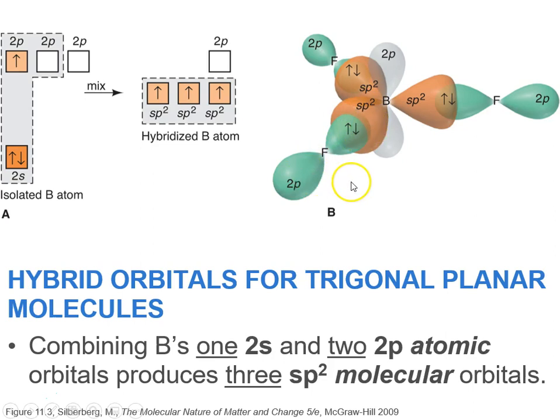So we didn't hybridize the fluorine. And also remember, there are other p orbitals on the fluorine, but those have the lone pairs. There's also another 2p orbital on the boron, but that doesn't have any electrons in it. So if we follow the lines of the bonds and the nuclei, we have this trigonal planar geometry, and the bond angles between these atoms are 120 degrees.